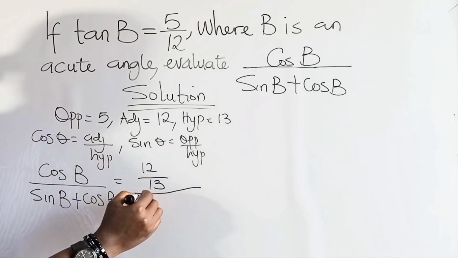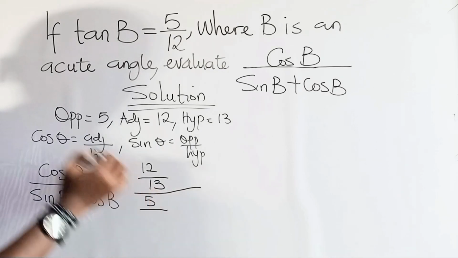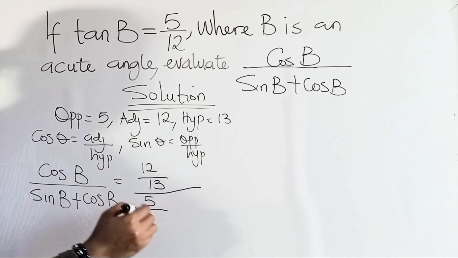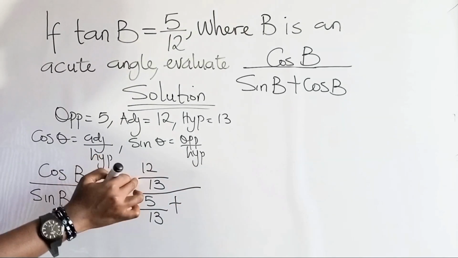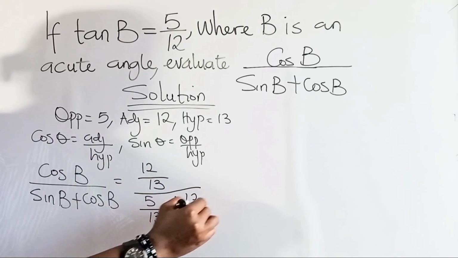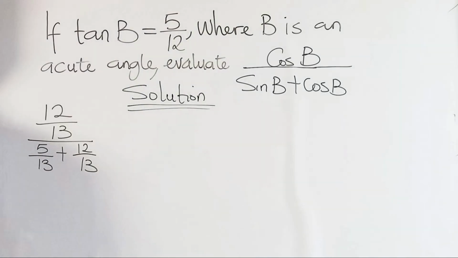Our opposite is 5 and our hypotenuse is 13, plus cos B, which we already know as 12 all over 13.